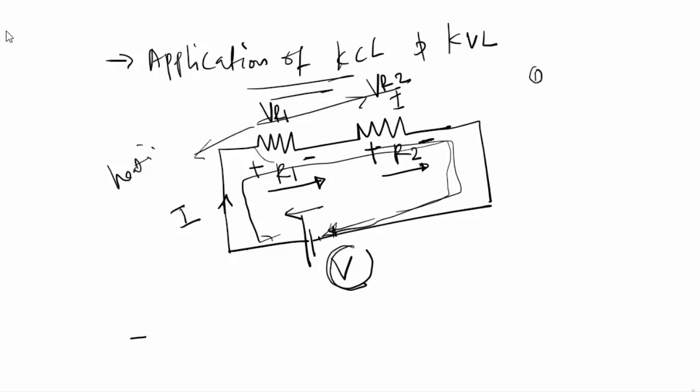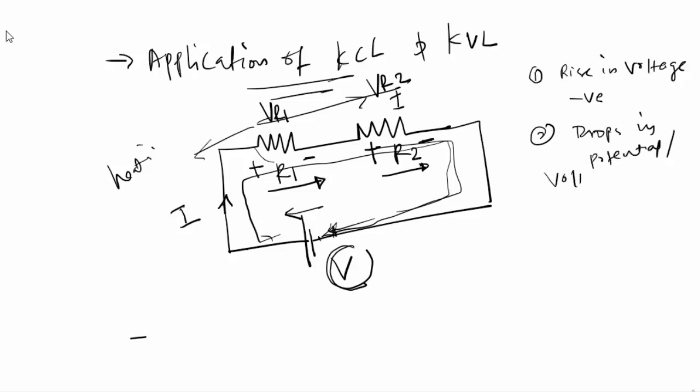So first I'm going to decide that I will take the rise in voltage in my circuit as negative, and I will take the drops in potential or voltage, whichever I come across, as positive.